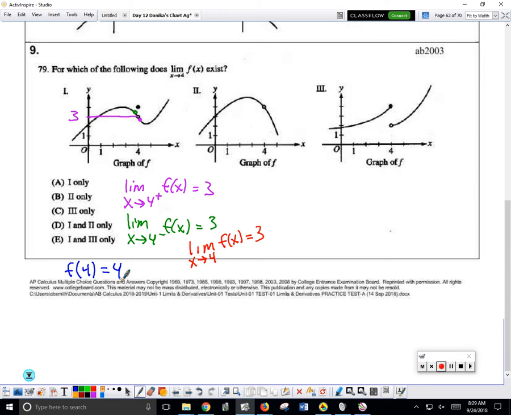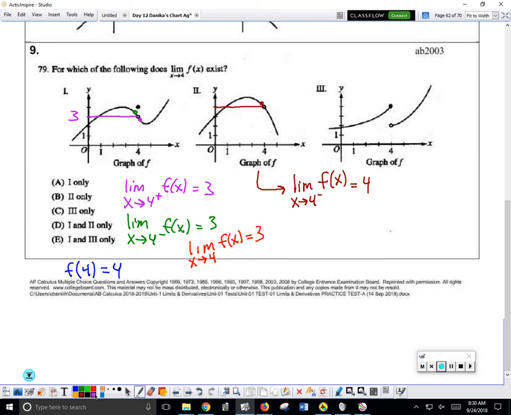Okay, here, the limit from the left and the limit from the right. So if I do this one, the limit from the left as x approaches 4, I'd be right here. That's really close to a y value of 4.